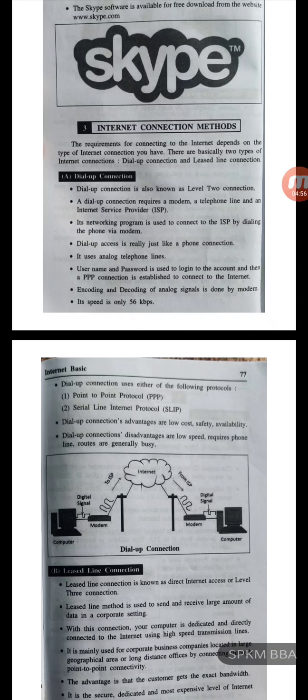They are general guidelines which you follow to get connected to the internet. The two types of dial-up network protocols are point-to-point protocol and serial line internet protocol.